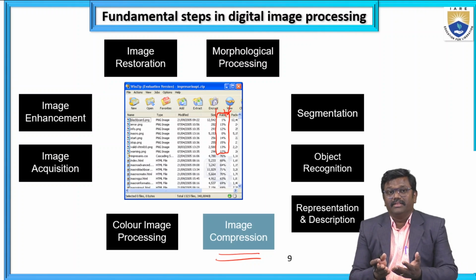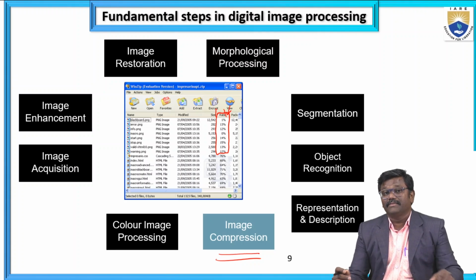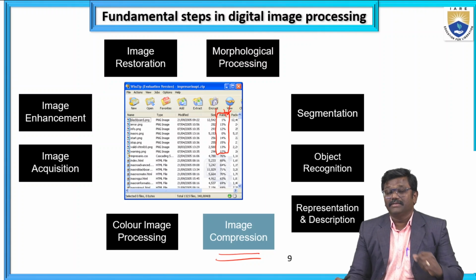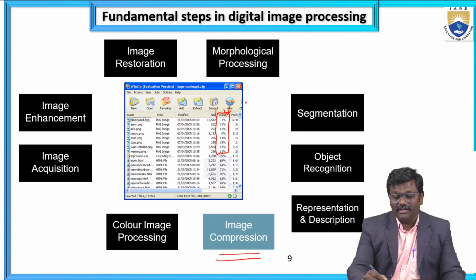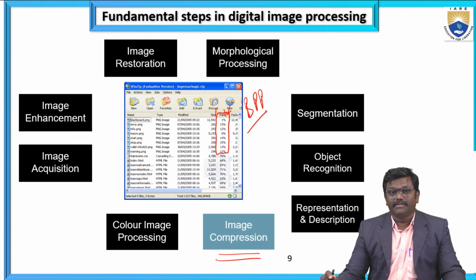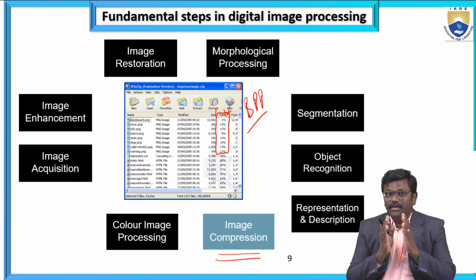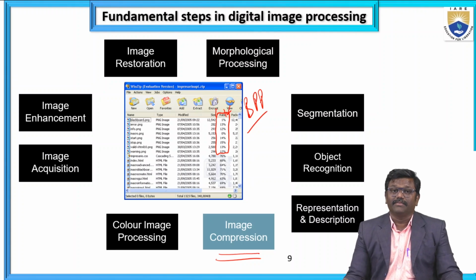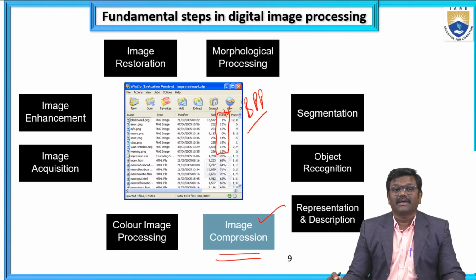The acquired image is converted into digital form by applying sampling and quantization, which we discussed in the starting itself. But here, the comparison of the file is understood in terms of number of bits. In the previous class we discussed BPP, bits per pixel. Each pixel is converted in terms of bits in digital image processing, and one application of that is image compression.